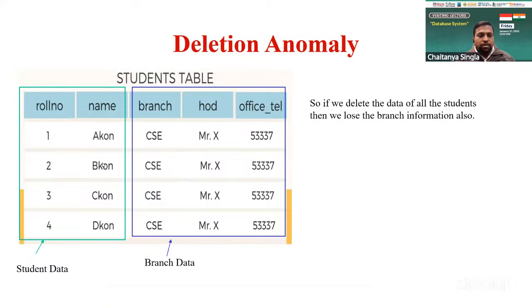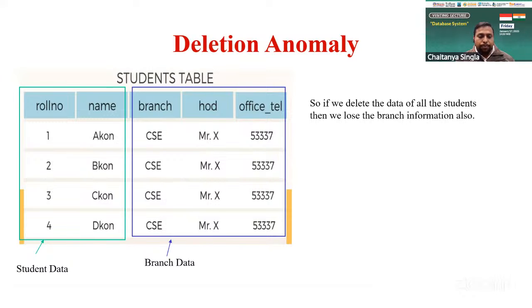Suppose we have four students and all four have now graduated, and we have to remove the records of all these students from the table. After removing these rows, the branch CSC data is also removed, as there will be no branch.